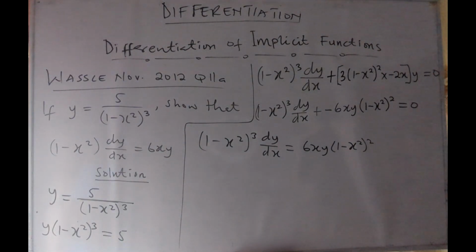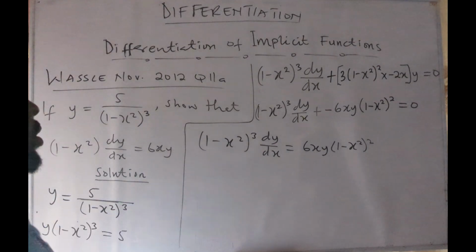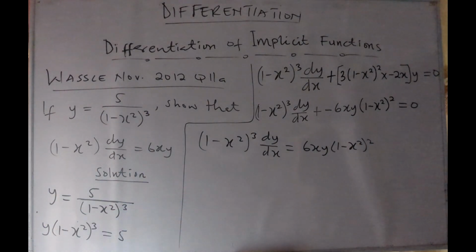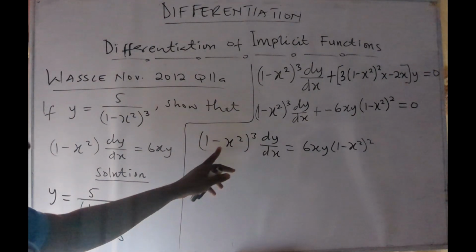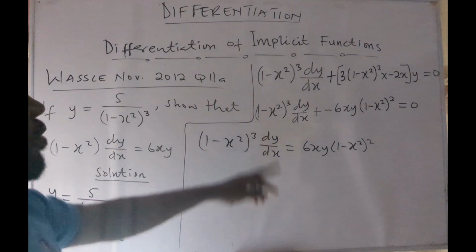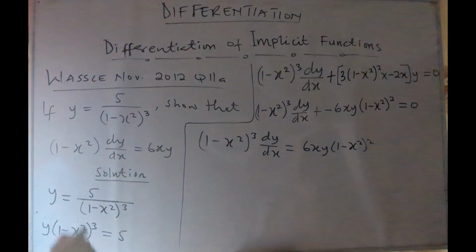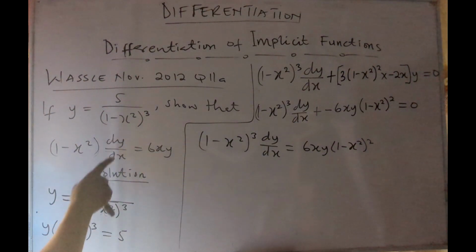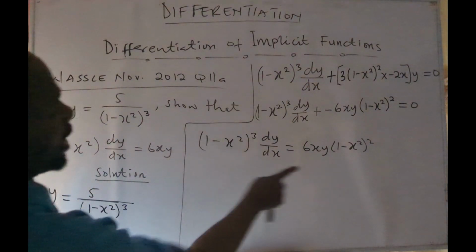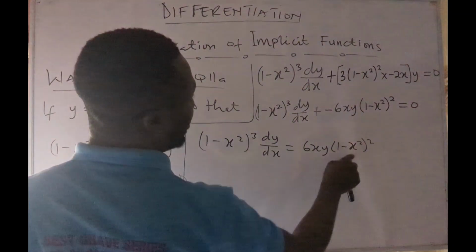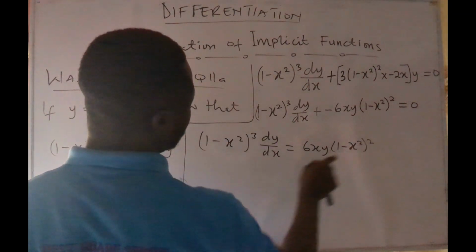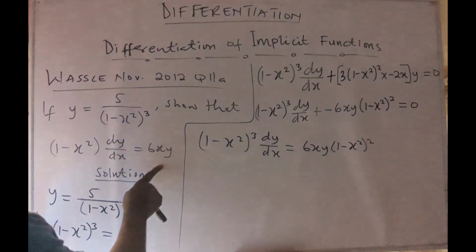So what I'll do is to also divide. I'm going to divide through by what? Since I have here (1 minus x squared) to the exponent of 3, and here (1 minus x squared) to the exponent of 2, and my aim is to get here (1 minus x squared) dy equal to 6xy, I'm going to divide through by (1 minus x squared) to the exponent of 2, so that I'll get my 6xy here.